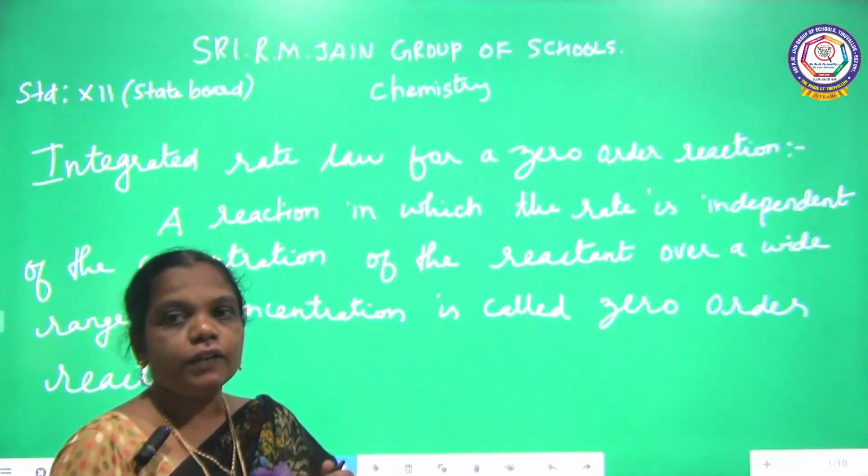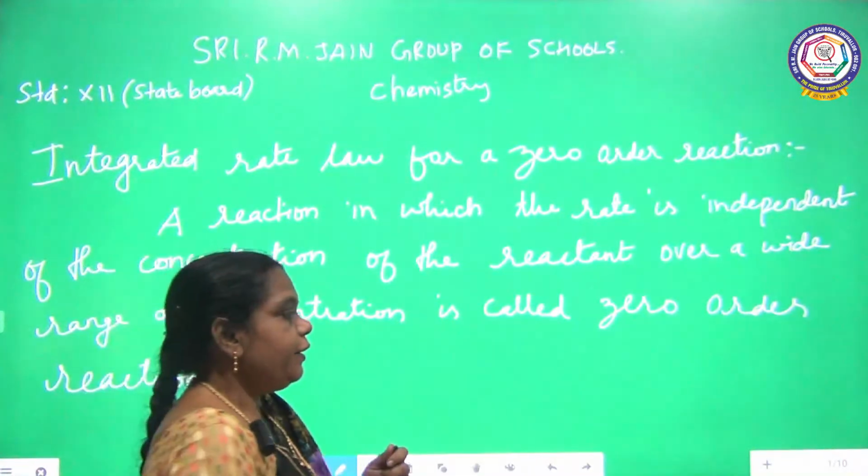Now, we are going to derive the zero order rate equation. A gives the product.